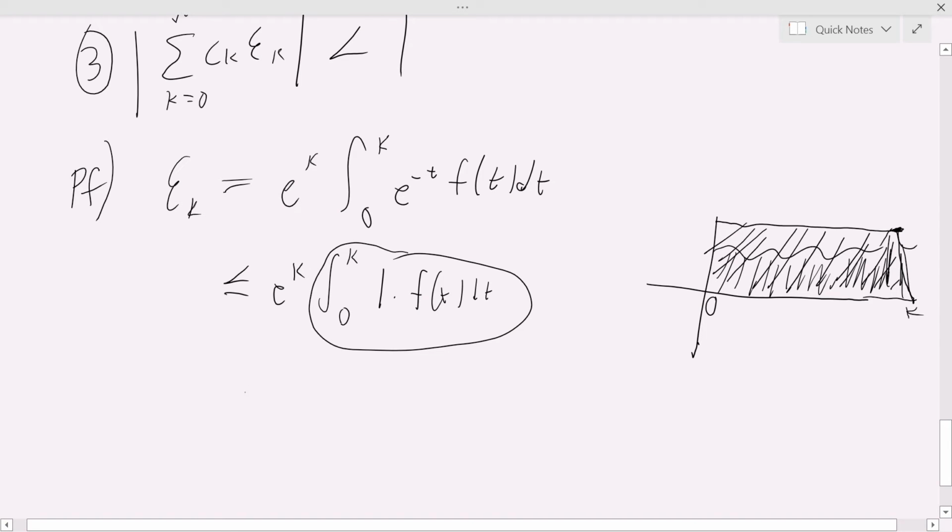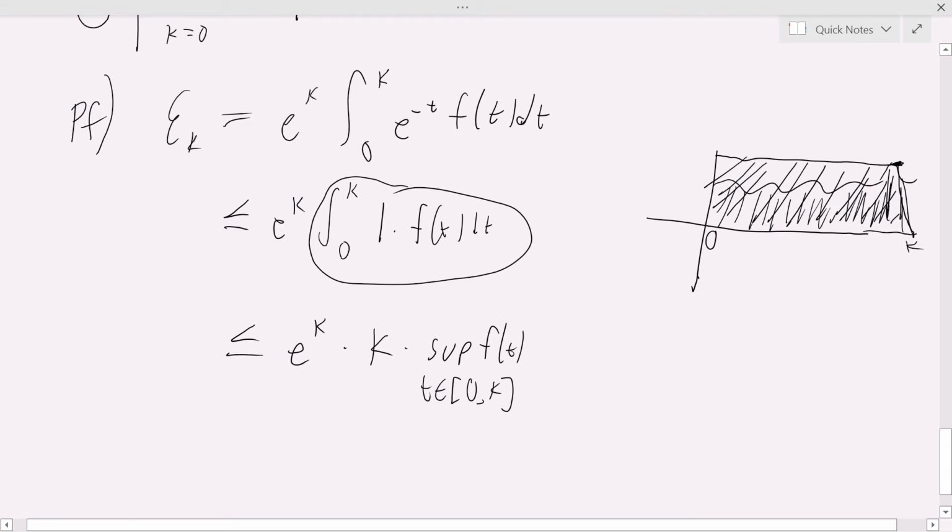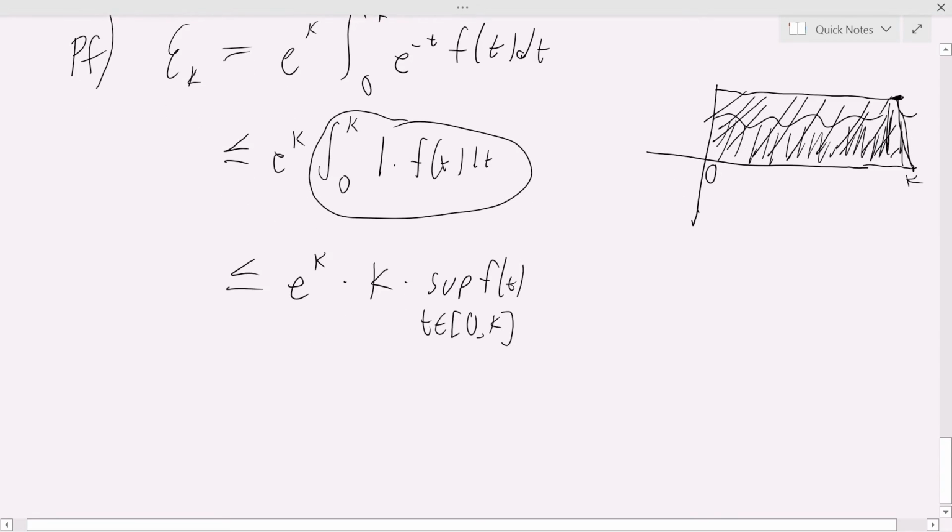So quantitatively, how that works out is we can say this is less than or equal to e to the k times the area of that rectangle. And the area is the width, which is k, times the height, which is the supremum of this function f of t over that interval, so t in the interval from 0 to k. So this is the quantity that we can say is an upper bound. Now, what is k? Remember, k is an index.